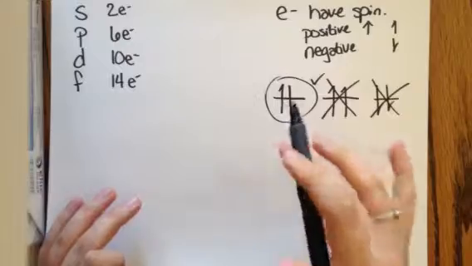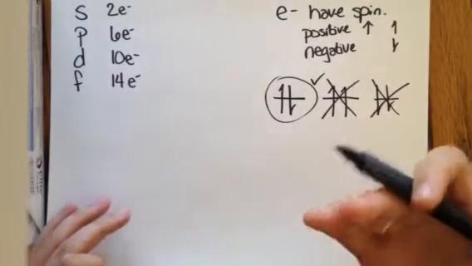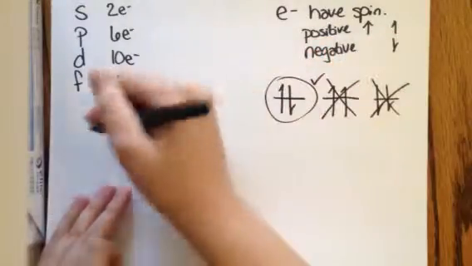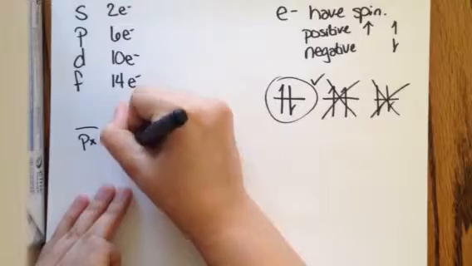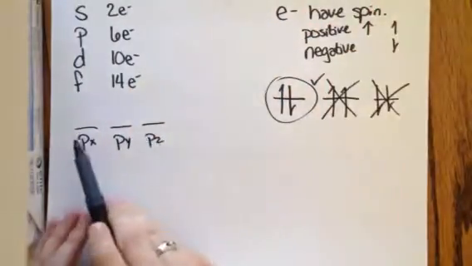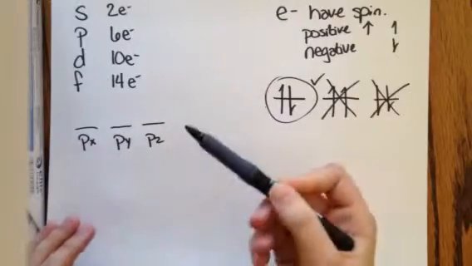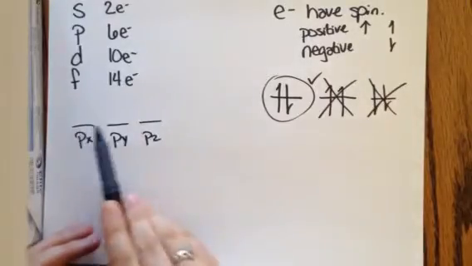Okay, so let's return to electron placement in orbitals. If an atom has a p orbital, let's say a px, py, and pz. Remember, each one of these lines can fit 2 electrons, and if the p orbital can fit 6 electrons total, we need to have 3 lines here.